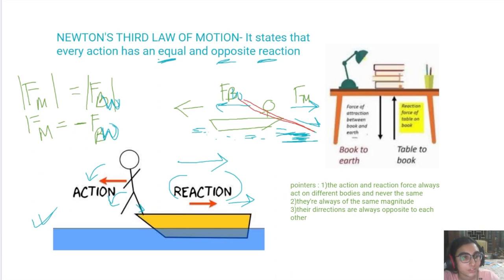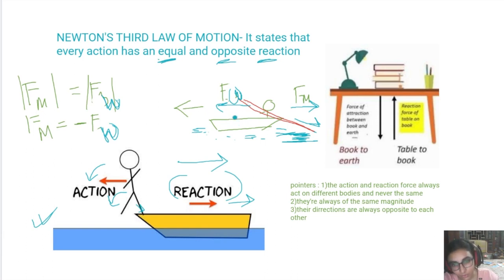Okay, let me erase the thing for your better understanding. Yeah, so the force exerted by the man backward is equal and opposite to the force exerted by the water on the man or on the boat, whatever.